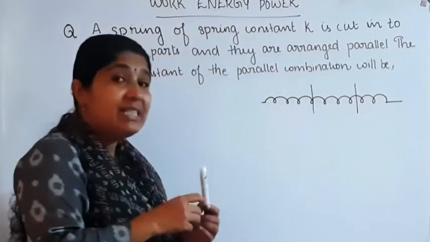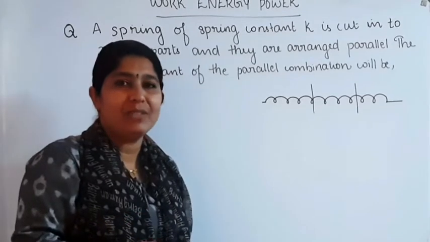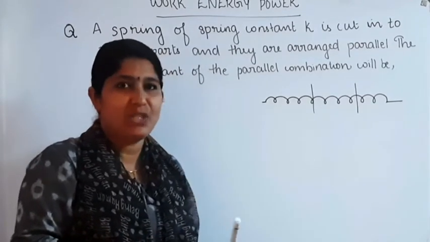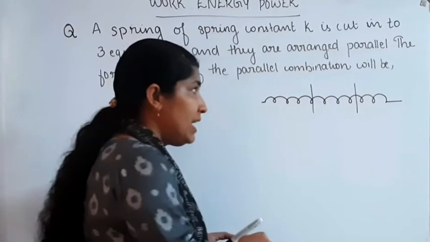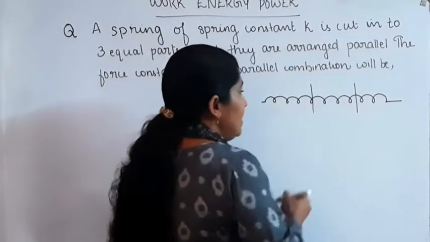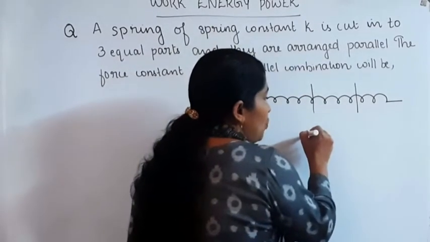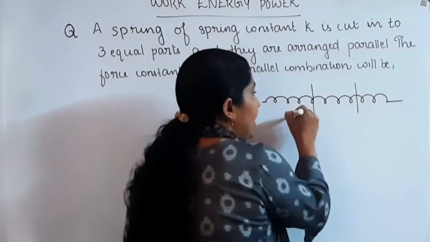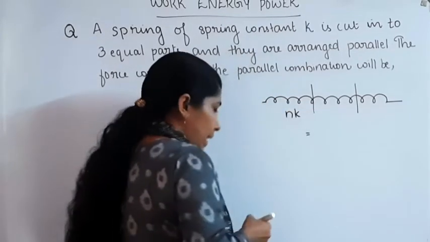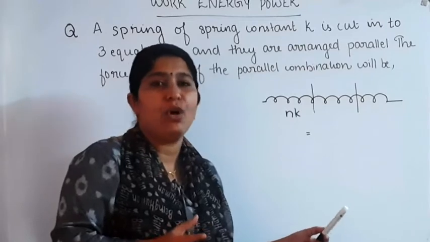If it is cut into n equal parts, what about the spring constant of each portion? If the spring is cut into n equal parts, the spring constant of each portion is equal to nk, where k is the spring constant of the spring.